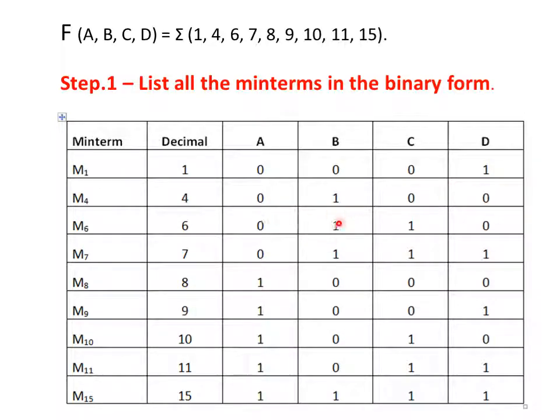So 6 has two ones, 9 has two ones, and 10 also has two ones. So we are grouping based on these combinations. The next grouping is three ones. The minterms with three ones are 7 and 11. Next grouping is four ones. The four-ones minterm is 15.